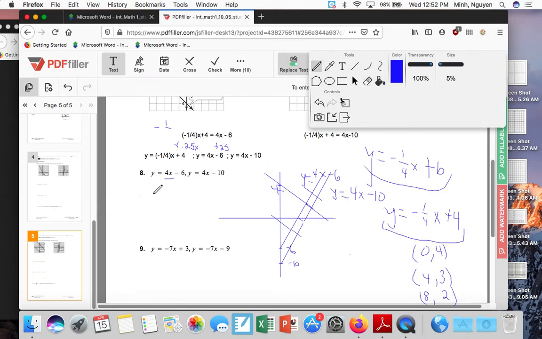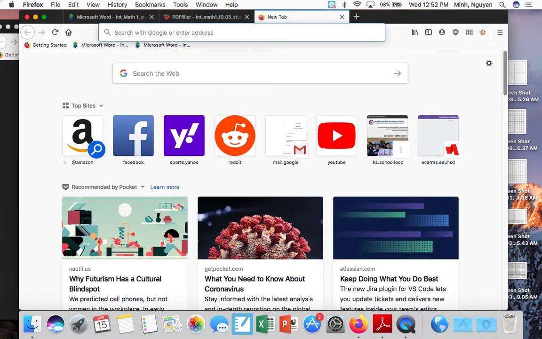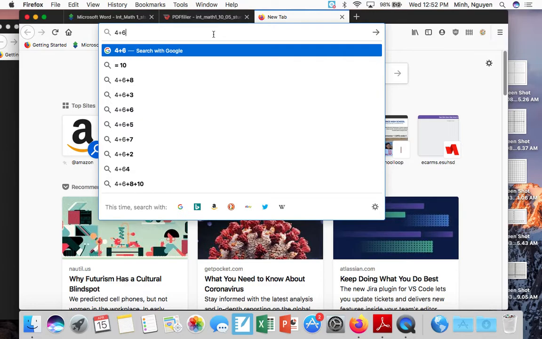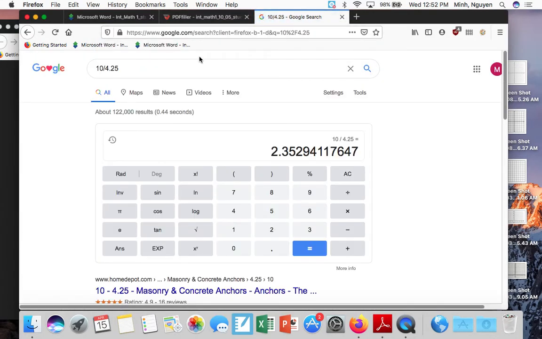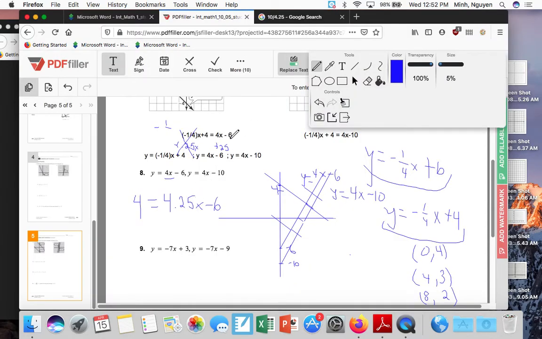So I have 4 equals 4.25x minus 6. Then I'll add 6 to both sides, and then I'll divide by 4.25. So 4 plus 6 is 10. 10 divided by 4.25 is 2.35. Let's just say 2.35 to make it simple.